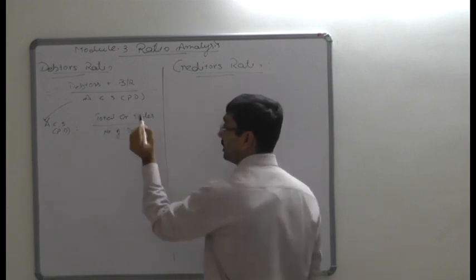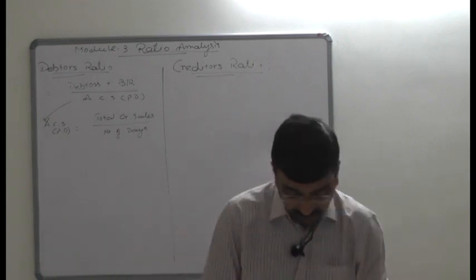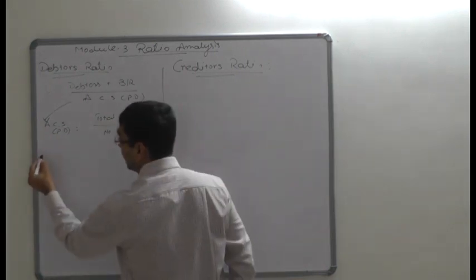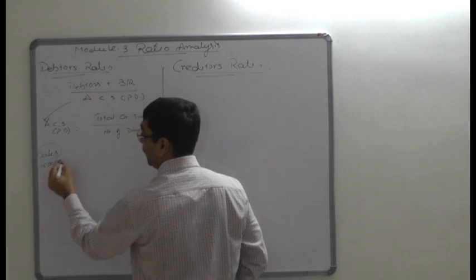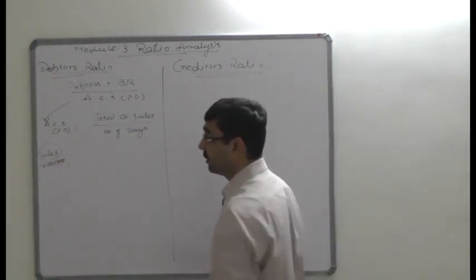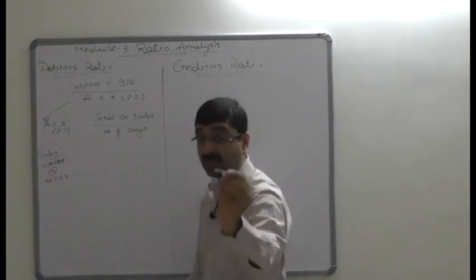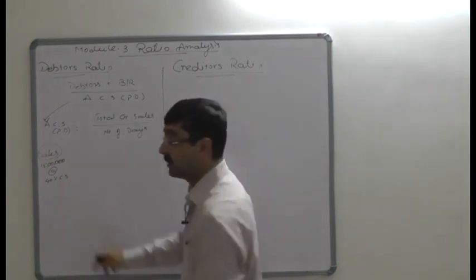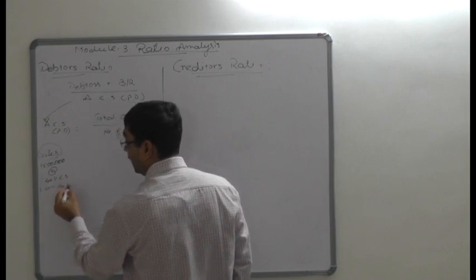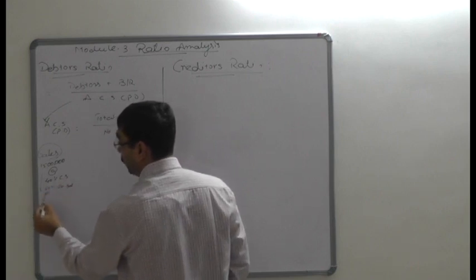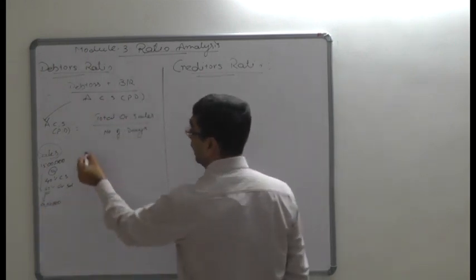Now for this information, all of you refer to the question. In the question we already have the information where the sales are given in the revenue statement. The total amount of sales is given as 15 lakh rupees, with 40% being cash sales. So if 40% is cash sales, 60% is credit sales, and 60% of 15 lakh comes to 9 lakh rupees. So we got the credit sales, that is 9 lakh rupees.